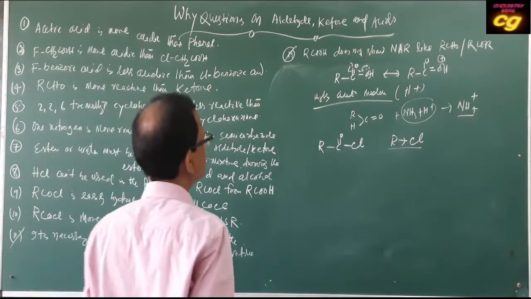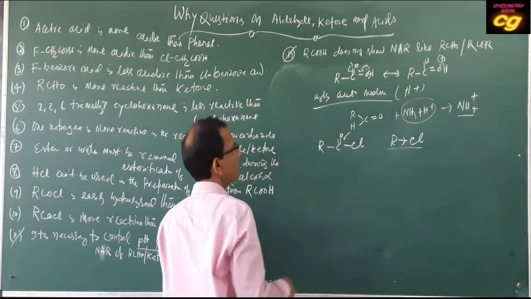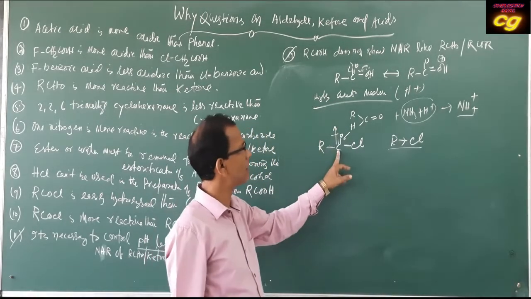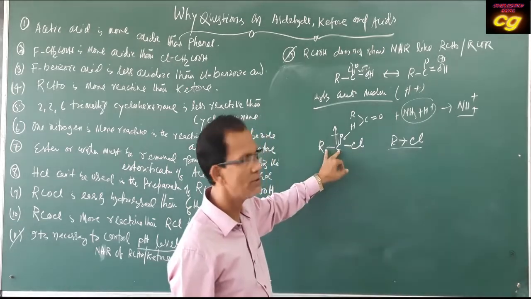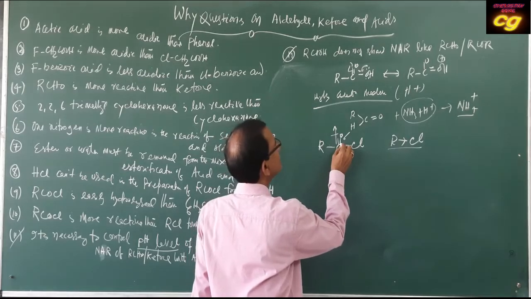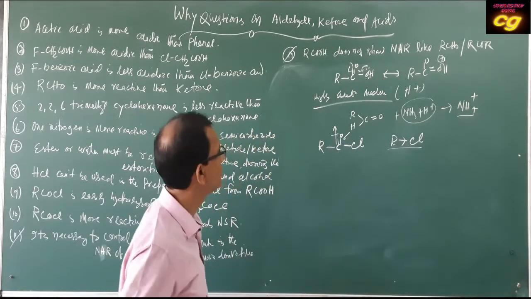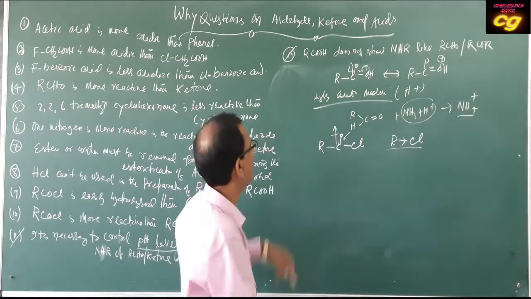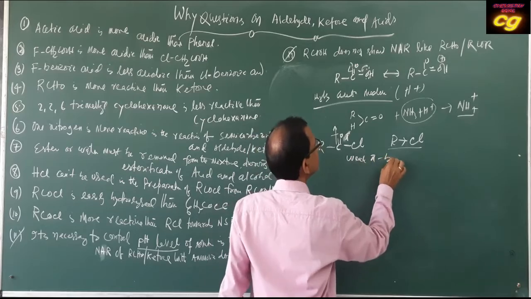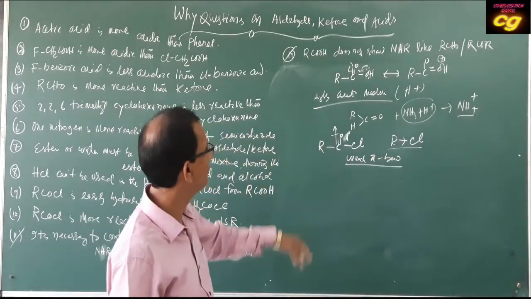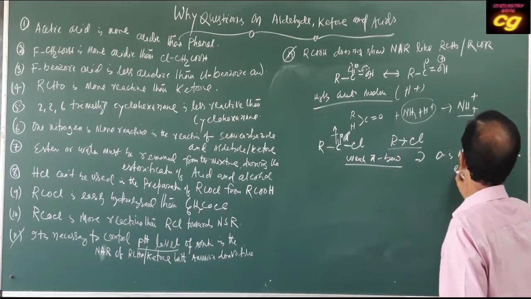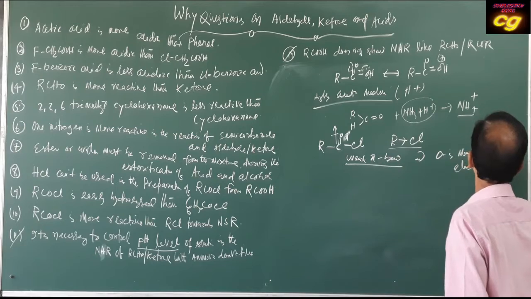It is more reactive because it has a pi bond and electronegative oxygen. So more partial positive charge is developed compared to R in RCl, because this C is more partial positive, since the oxygen is more electronegative and it has a weak pi bond.